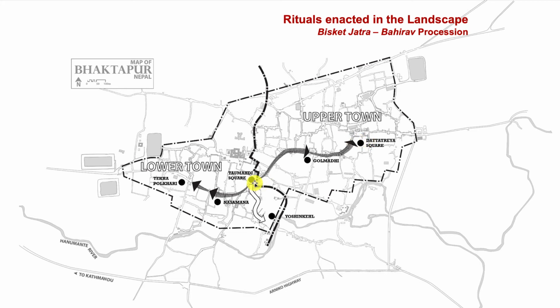If the people from the lower town are able to pull it towards their town side, they will bring it first to this place called Nasamana, and then after that they will pull it all the way to this particular location called Tekkapokkare. So for 2 weeks, this particular chariot will stay there.